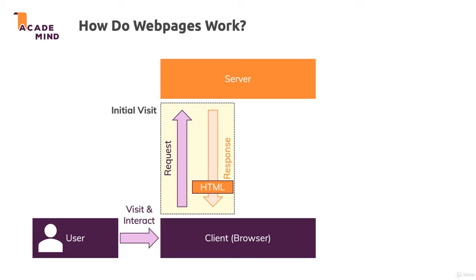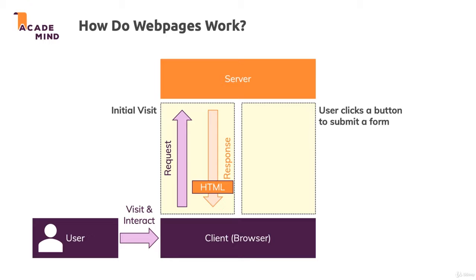Now let's say on that loaded web page, let's say it's an online shop, doesn't really matter, the user clicks a button to submit a form. For example, to order some products.